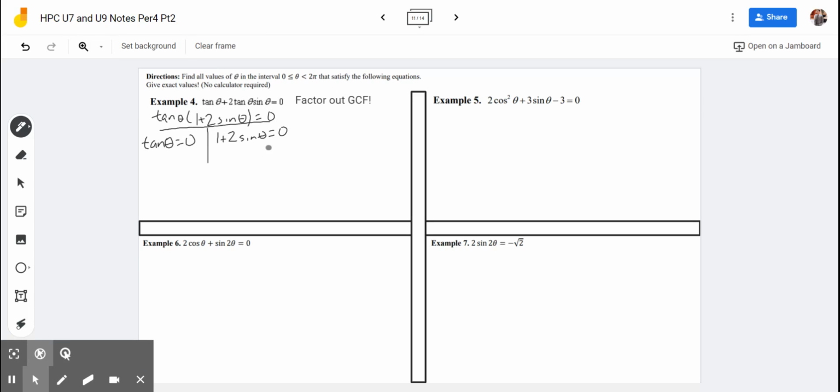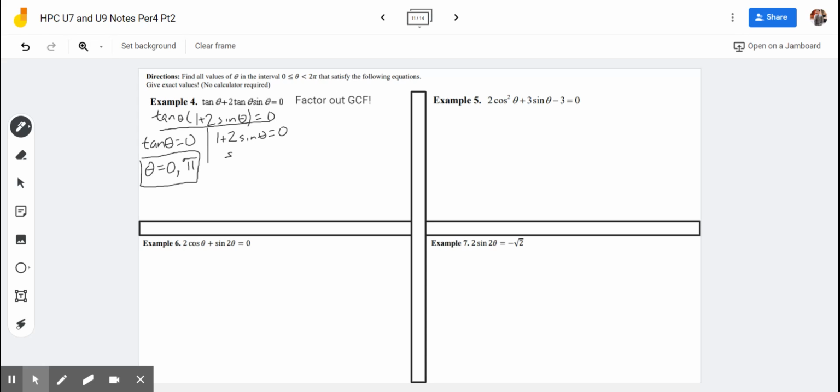Now both of these are unit circle values, and we're just figuring out where they occur. So where is tangent equal to 0? Well, it's equal to 0 at 0 and at pi. It also is equal to 0 at 2 pi, but remember, it's non-inclusive of 2 pi. So we're just left with 0 and pi here.